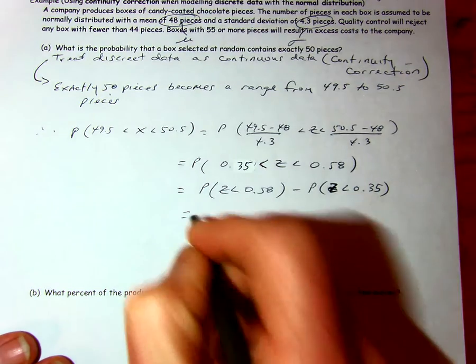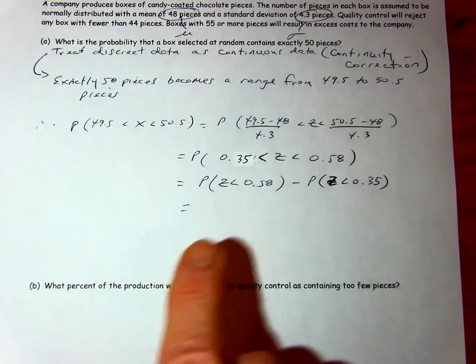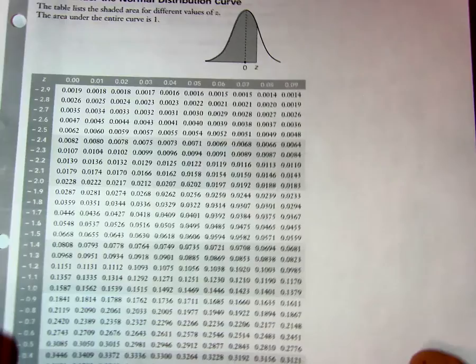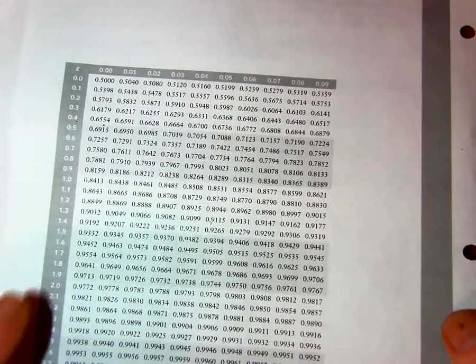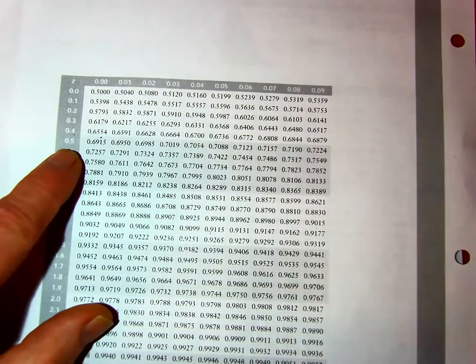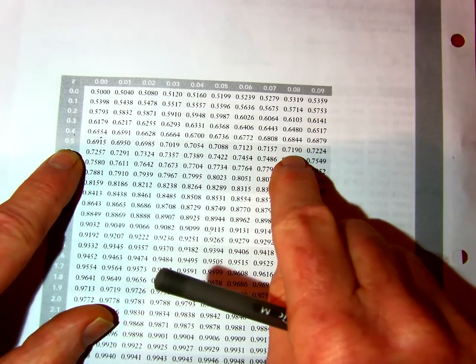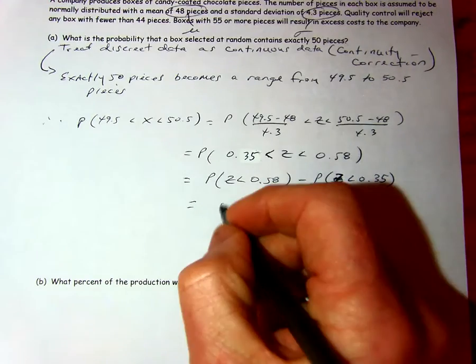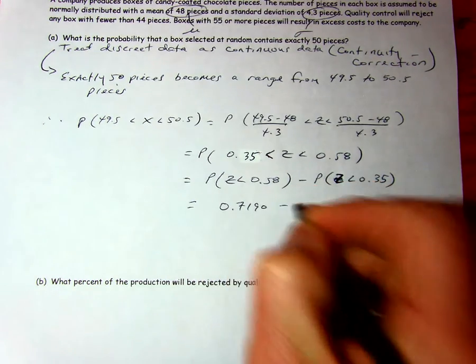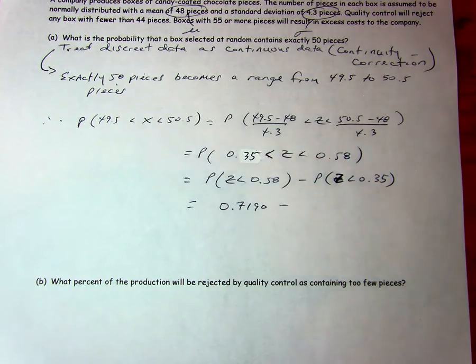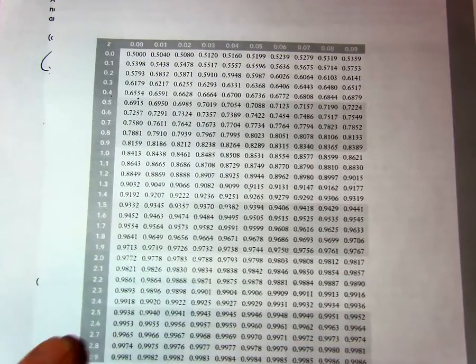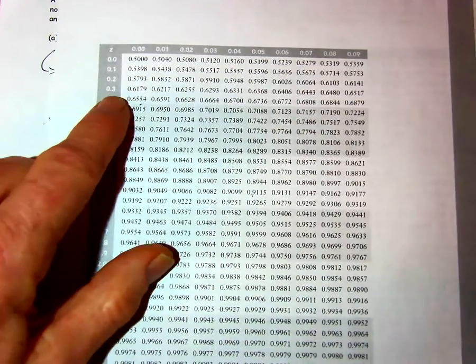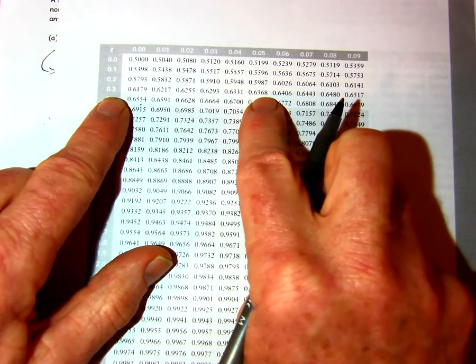So if you look that up, 0.58 gives 0.7190, and 0.35 gives 0.6368.